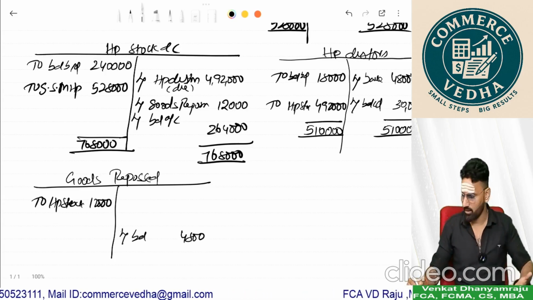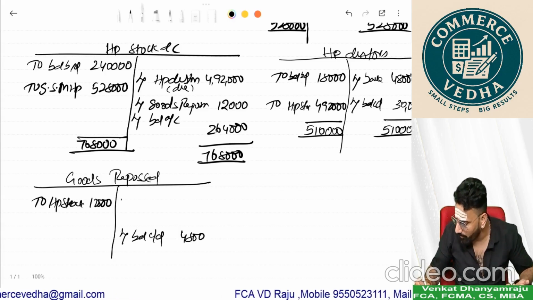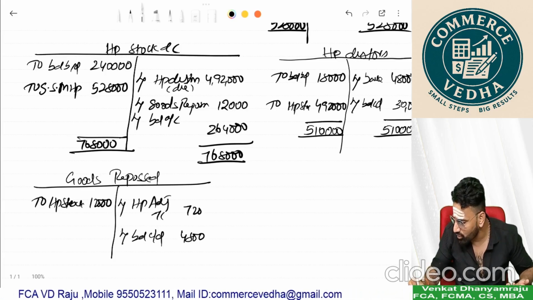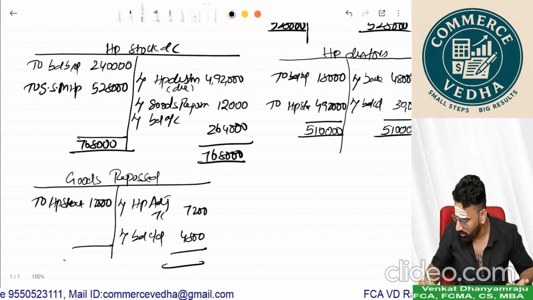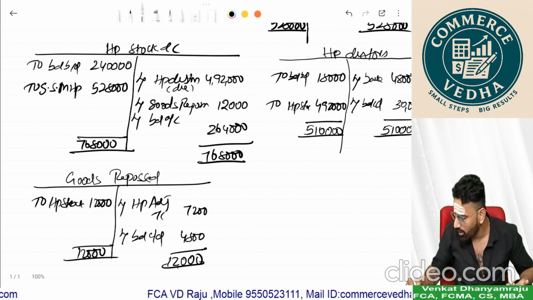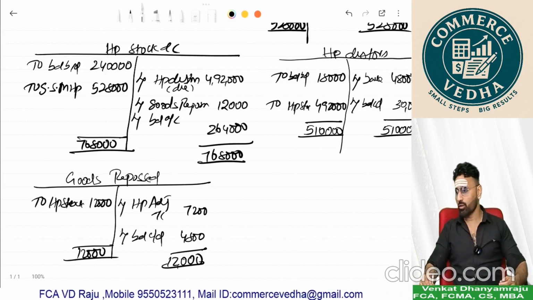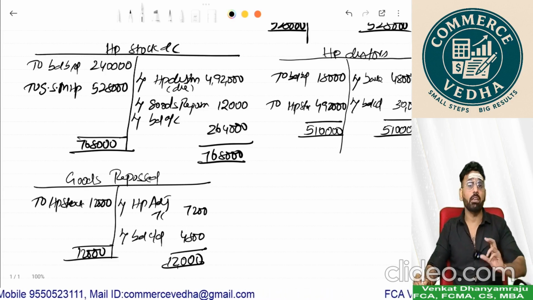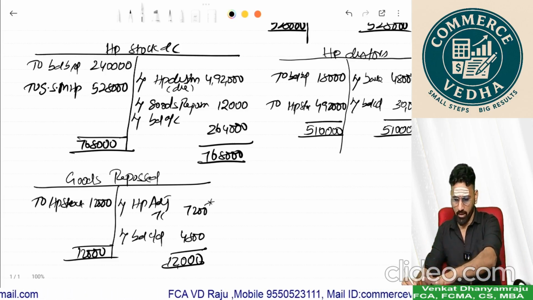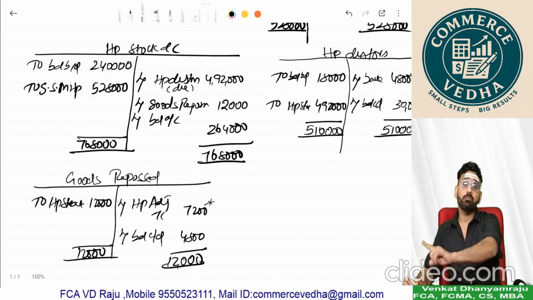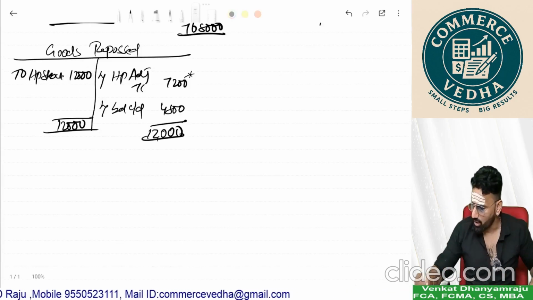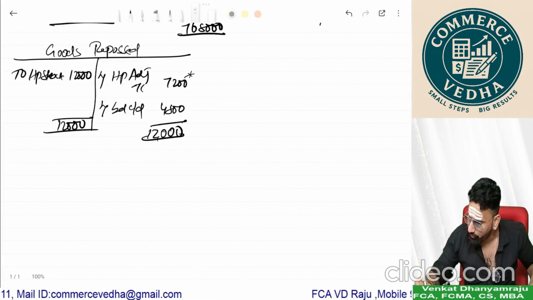Hence, the loss is by hire purchase adjustment amount. Loss should go to the adjustment account. 12,000 is the original value, but the closing balance is only 4,800. So the 12,000 original value is revalued to 4,800. So the loss is debited to hire purchase adjustment account. Loss is always debit.